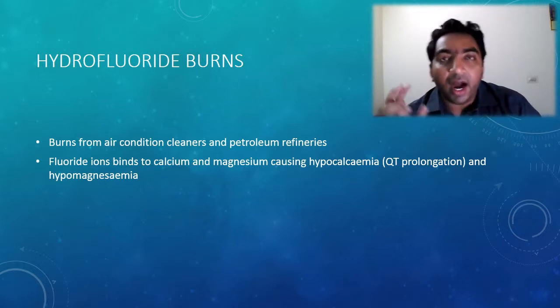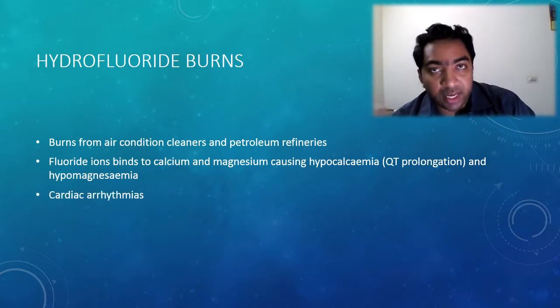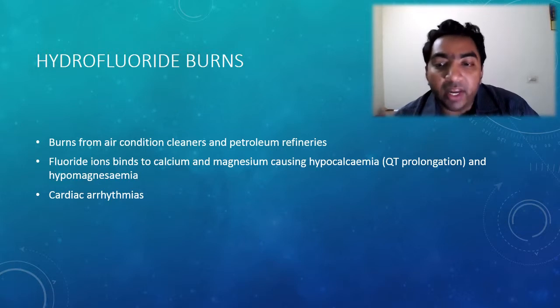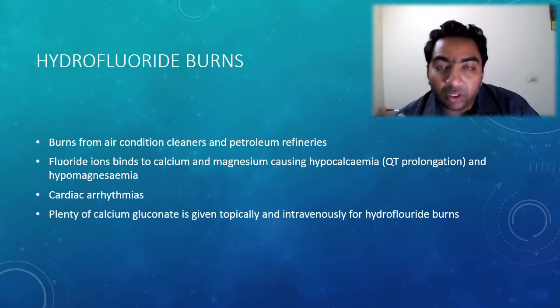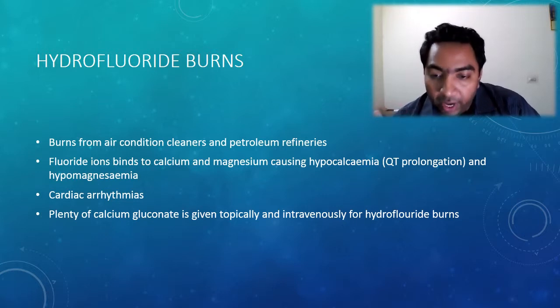What is the result? Hypocalcemia can result in cardiac arrhythmias, which result in the death of the patient with hydrofluoric acid burns. So generally the treatment includes plenty of calcium gluconate both topically and intravenously to decrease the systemic effects of fluoride resulting in hypocalcemia.